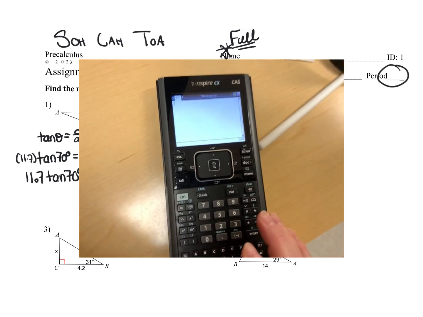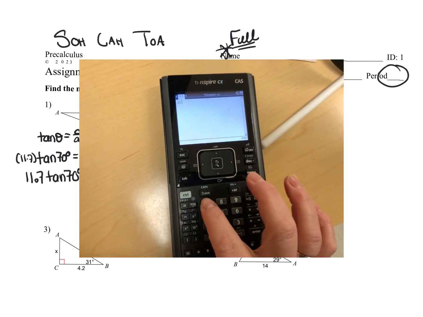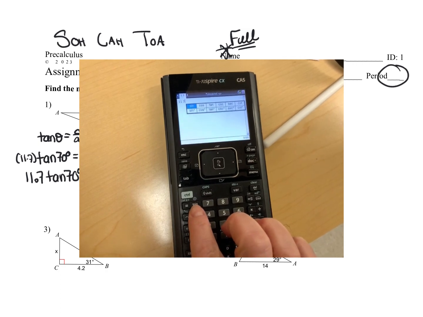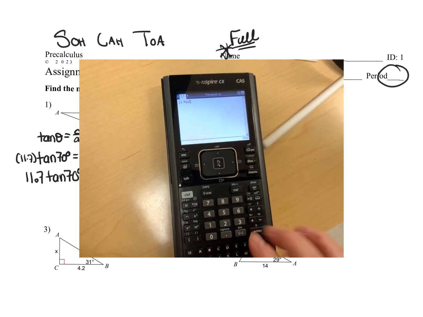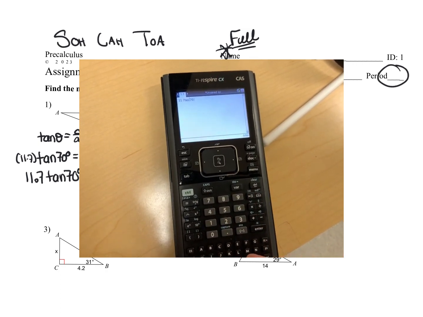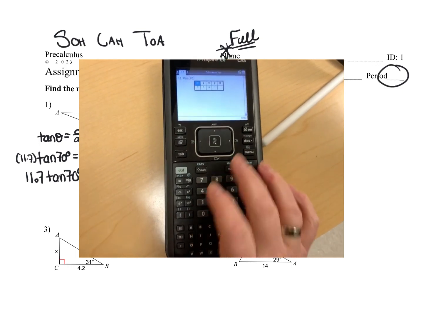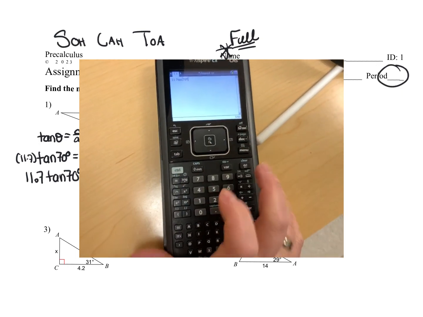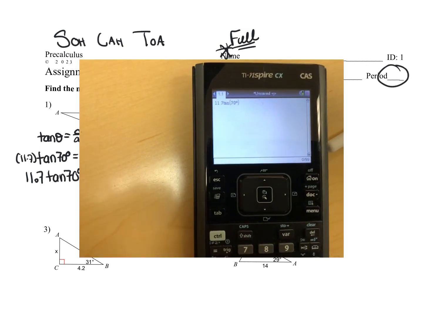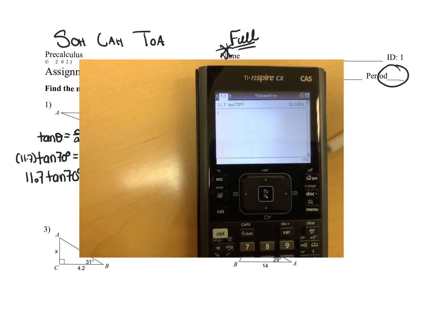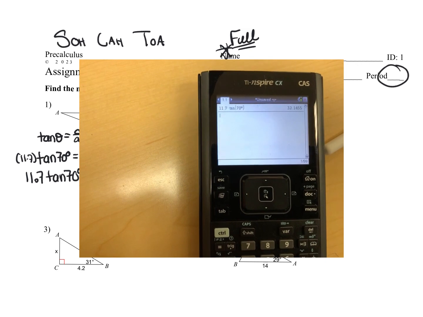So I'm now going to type what we had, which was 11.7. I press the trig button to get the tangent. And then I'm going to do 70. And out of habit, I always put the degree symbol. I like to type it just the way they tell my paper, so I always make sure that I have the right stuff. So the answer is 32, and it said round to the nearest tenth, so 32.1.